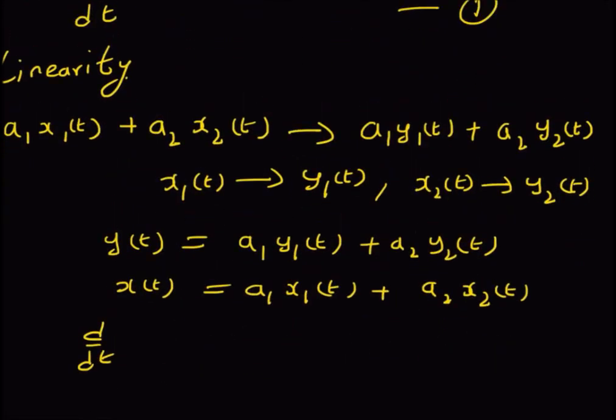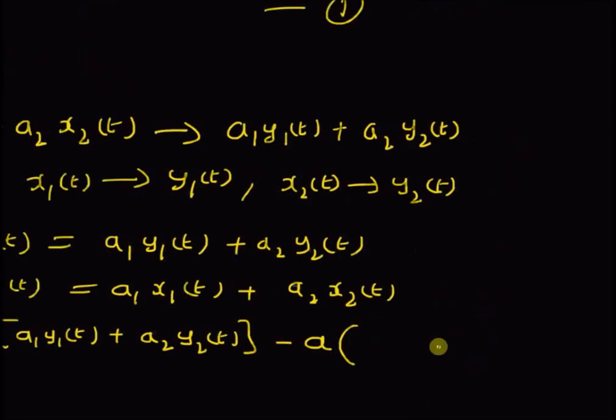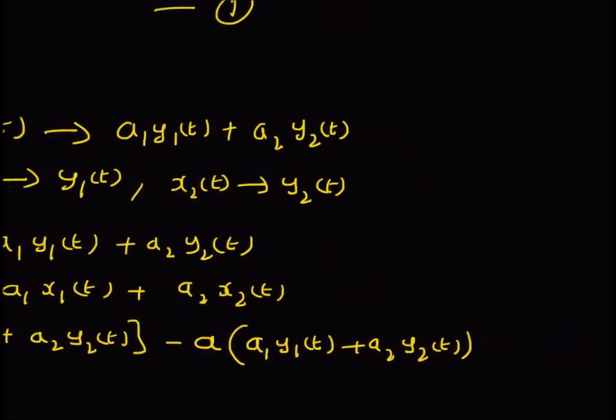By replacing y of t with this linear combination, we have d by dt of a1 y1 of t plus a2 y2 of t, minus a times the linear combination a1 y1 of t plus a2 y2 of t. On the right hand side, we have b times the linear combination of inputs, a1 x1 of t plus a2 x2 of t.